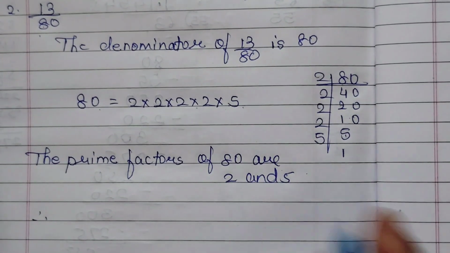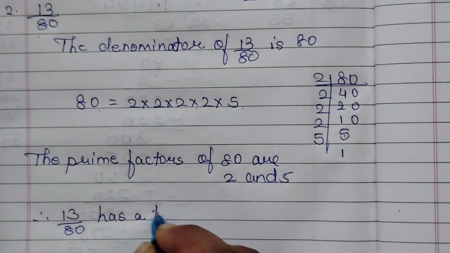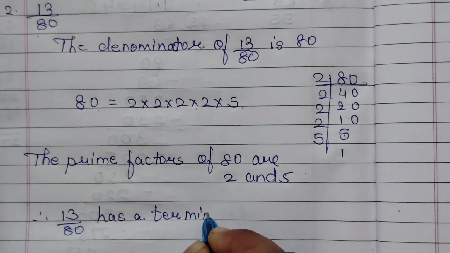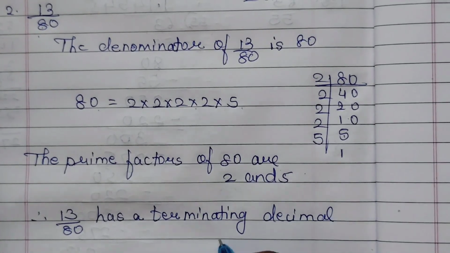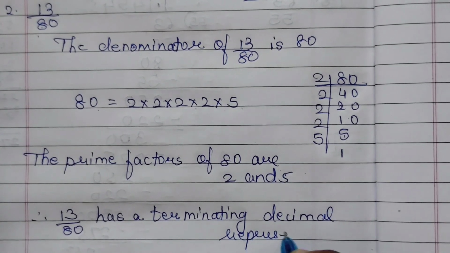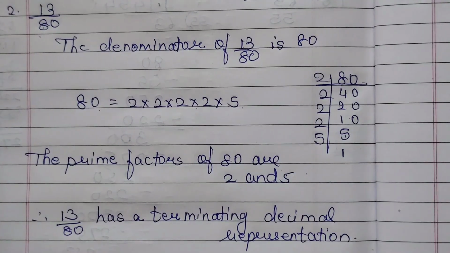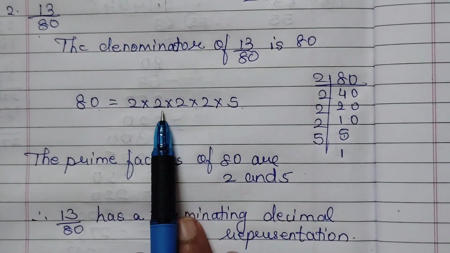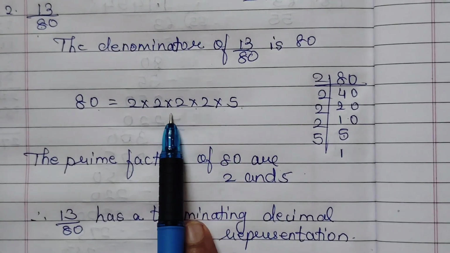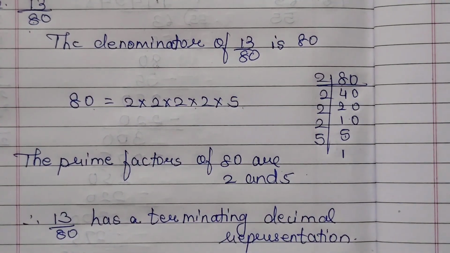Therefore, 13 upon 80 has a terminating decimal representation. Okay, so we have completed this question. You got it? In the prime factors of the denominator we must get 2 or 5. Other than that, if any other number is there, it is a non-terminating decimal representation. Okay, so now let's see the next question.